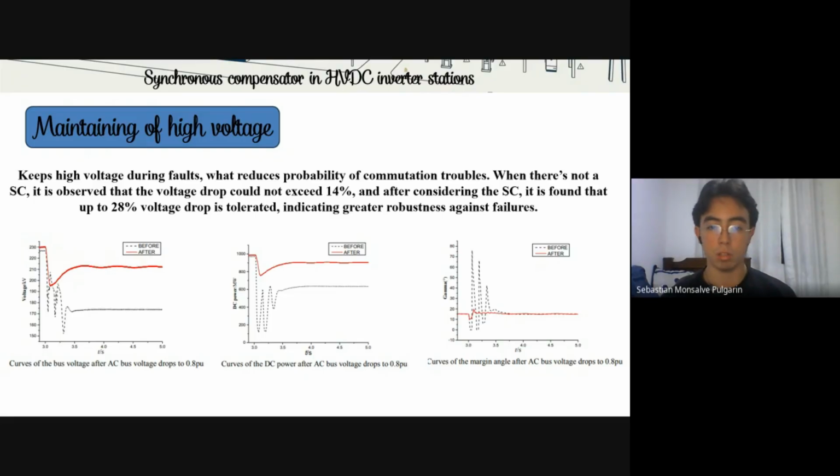This happens because the condenser enters a strong excitation state during the faults, delivering large amounts of reactive power almost instantly. As a result, it prevents the voltage from collapsing, maintains the inverter's commutation margin, and enables the system voltage to recover much faster once the fault is cleared.